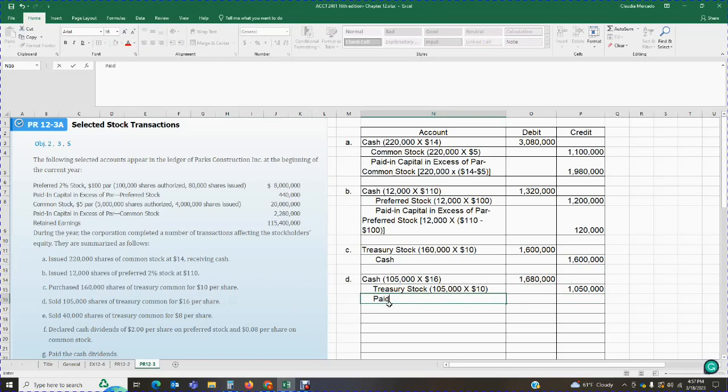So we have paid in capital from sale of treasury stock: 105,000 shares times 16 minus $10.